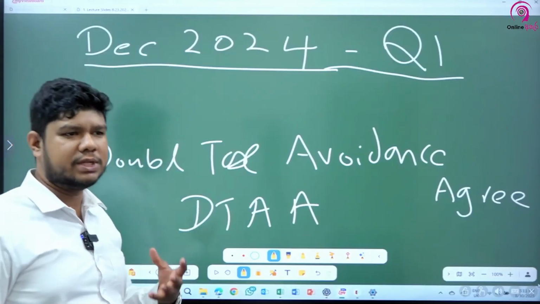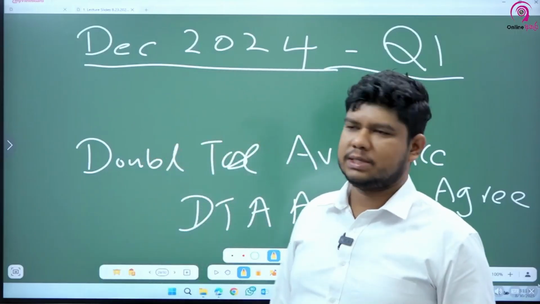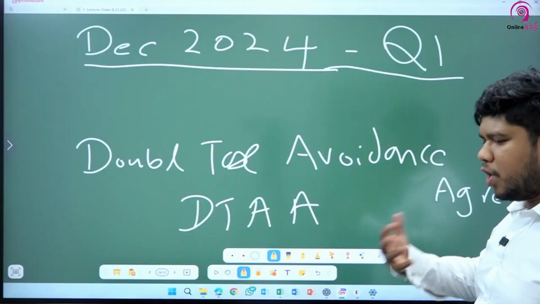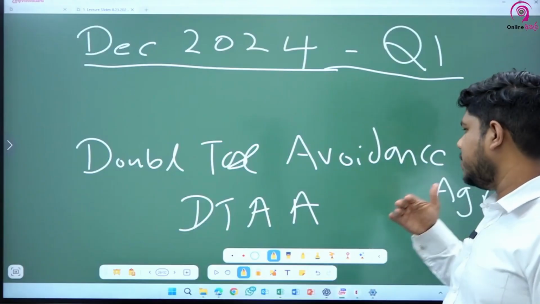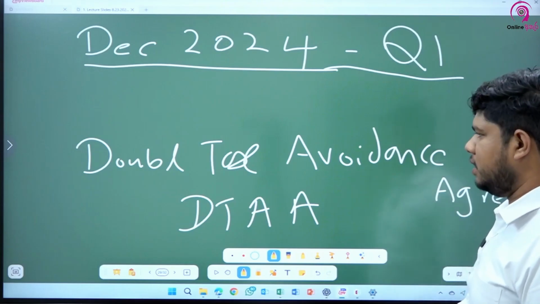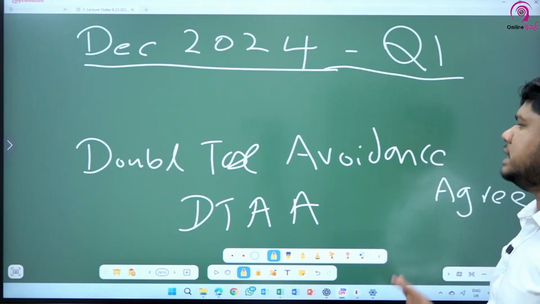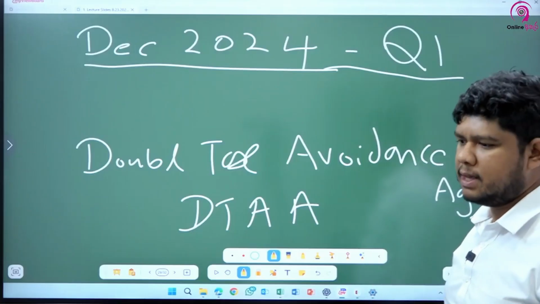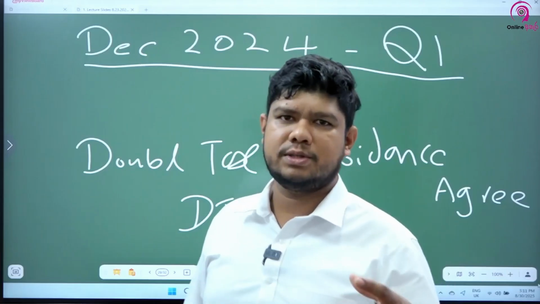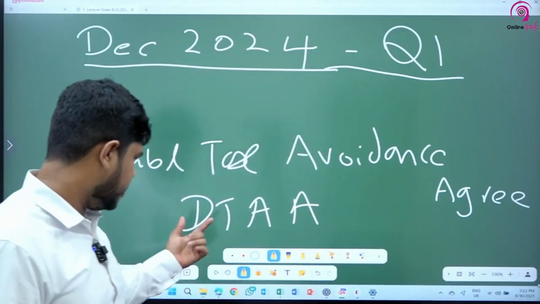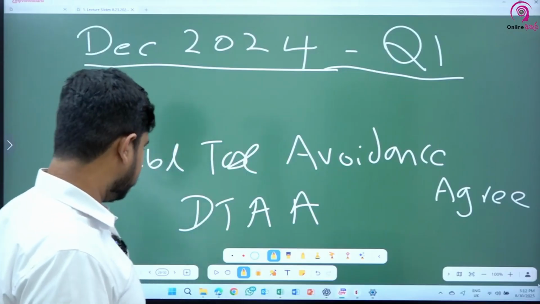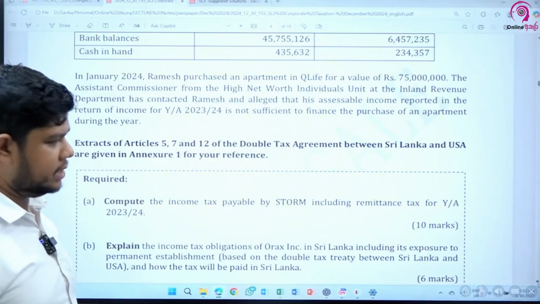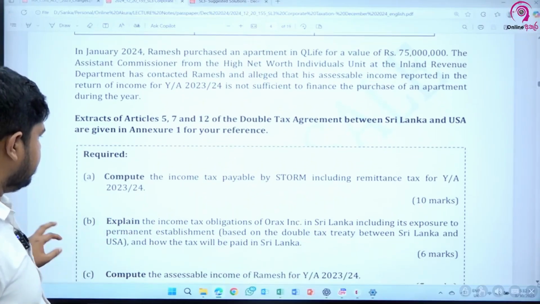You are taxing the same person twice. There is no such agreement. The double tax avoidance agreement is there to avoid the taxation of one person two times. Agreements are called double tax avoidance agreements, not double tax agreements. If someone refers to it as a double tax agreement, that means he is not aware of tax law. So your examiner is mentioning it as a double tax agreement. I don't know whether he is aware of taxation.